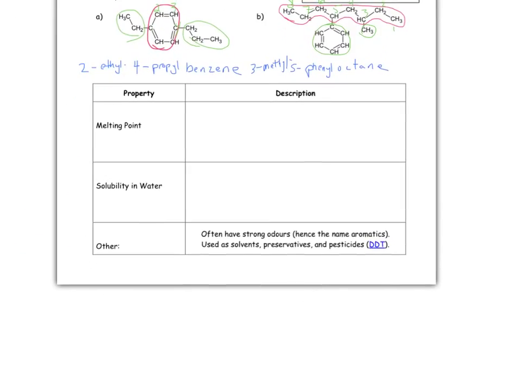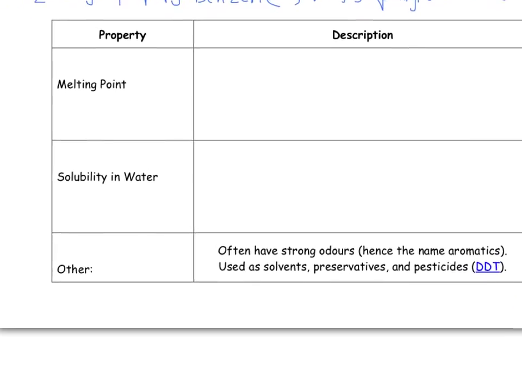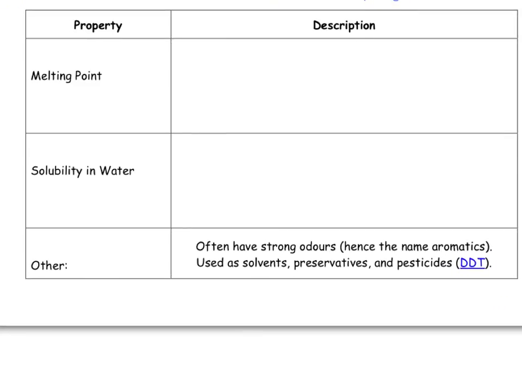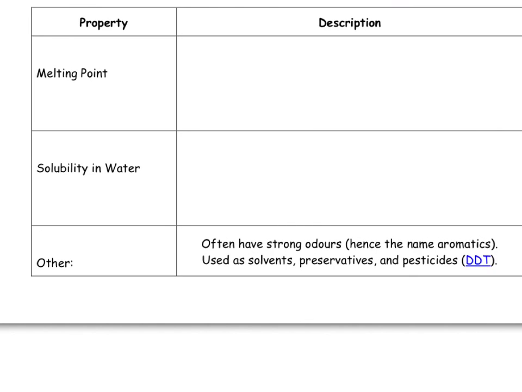For properties, because we have that ring structure, just like a cyclical alkane, that makes the molecule less flexible. So it has about the same melting point as a cyclical alkane.